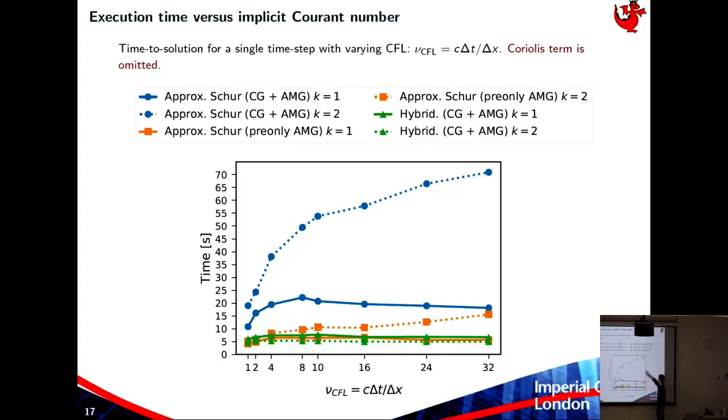I thought it was a bit interesting how, if you try to use a Krylov method on the inner Schur complement for the approximate Schur complement method, the lowest order one does all right, but it starts to lose its thunder, I guess, as you keep increasing the Courant number, so you keep getting a more difficult problem.